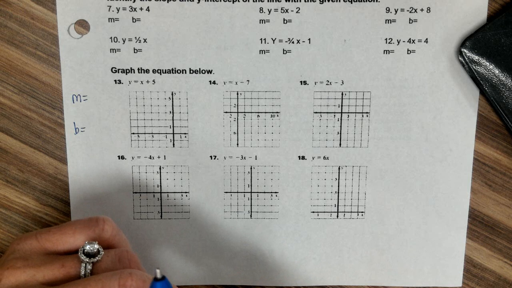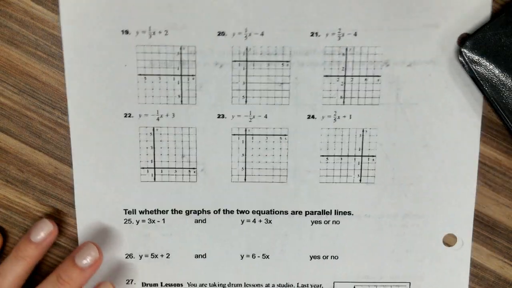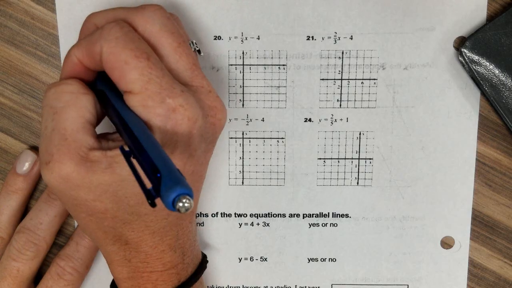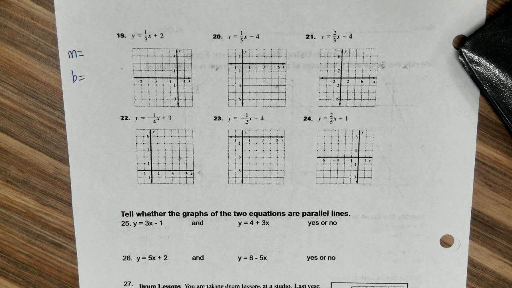So you have to count. When you rise, every one you go up is actually going up 2. Okay? So be mindful of that. Okay, flip to the back. 19 through 24 is the exact same thing. You need an m and a b, and you need to start with the b and then rise over run.